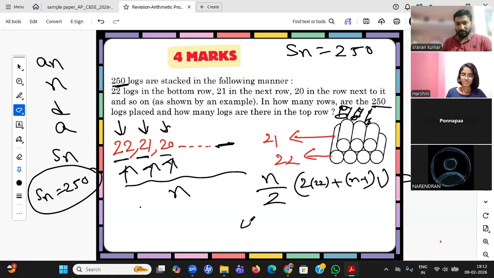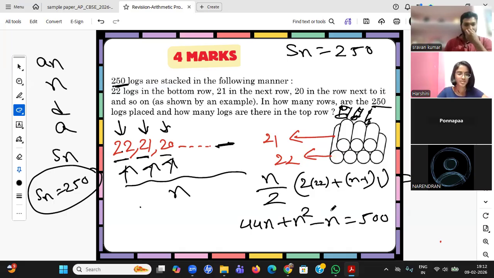Okay, so that will be 44n plus n square minus n equal to 500, I guess. This 2 will be going here, right? 44n plus n square minus n. Okay, it's a quadratic equation again. N square plus 43n minus 500 equal to 0. Okay, 20 and 23 are the roots.